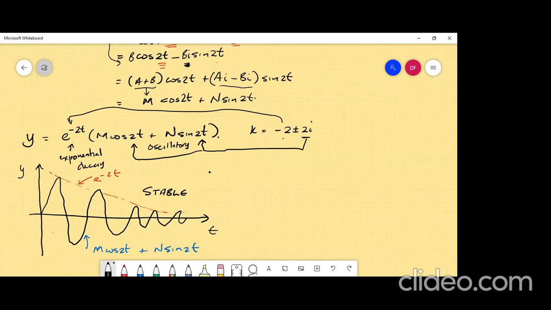So the question that I ask, which is the most important thing, is whether it is stable or not. And because it is going to 0, which is a finite value, then it is stable.